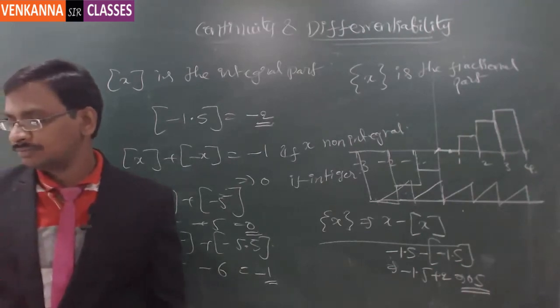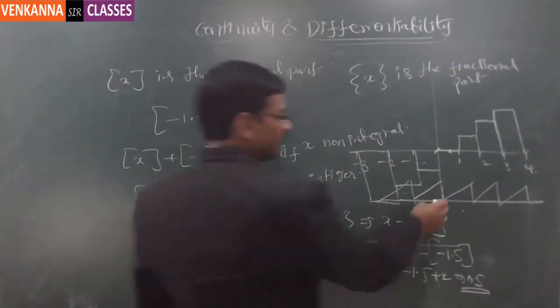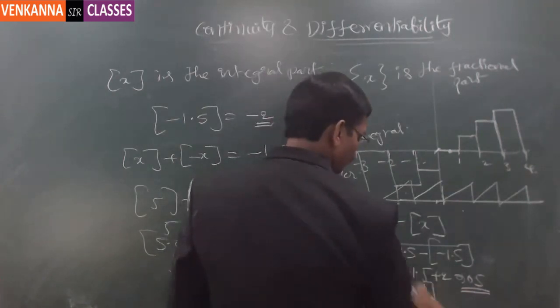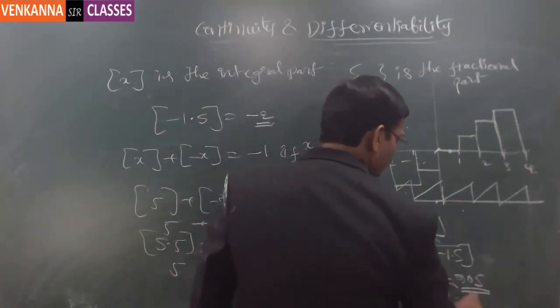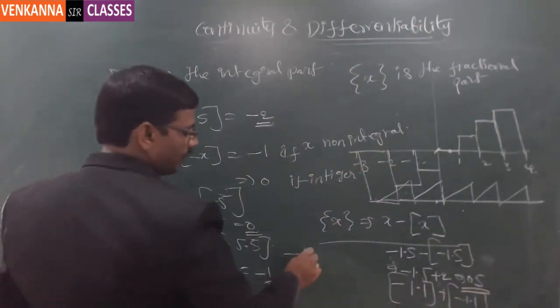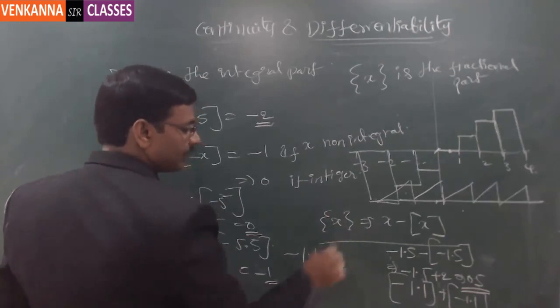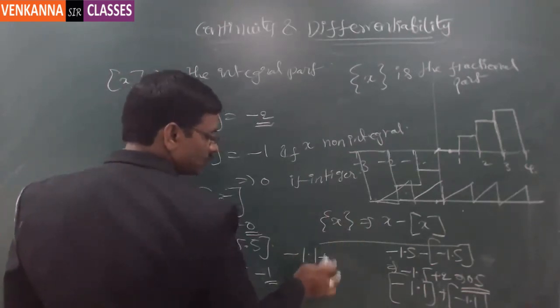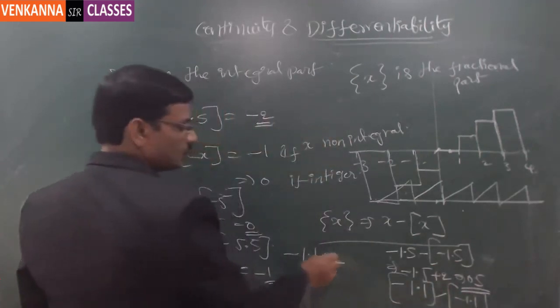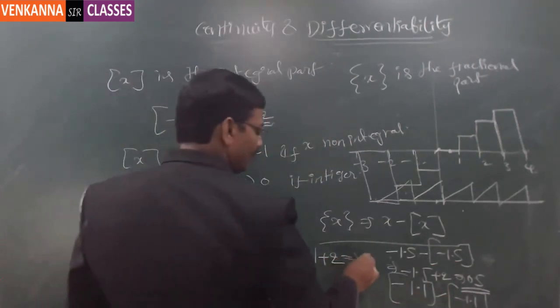Understood or not? Suppose I take this value here, let us say this is 0.1. So minus 1.1, if I take it, step of minus 1.1 is minus 2. So minus of minus 2 will be plus 2. 2 minus 1.1 is 0.9.